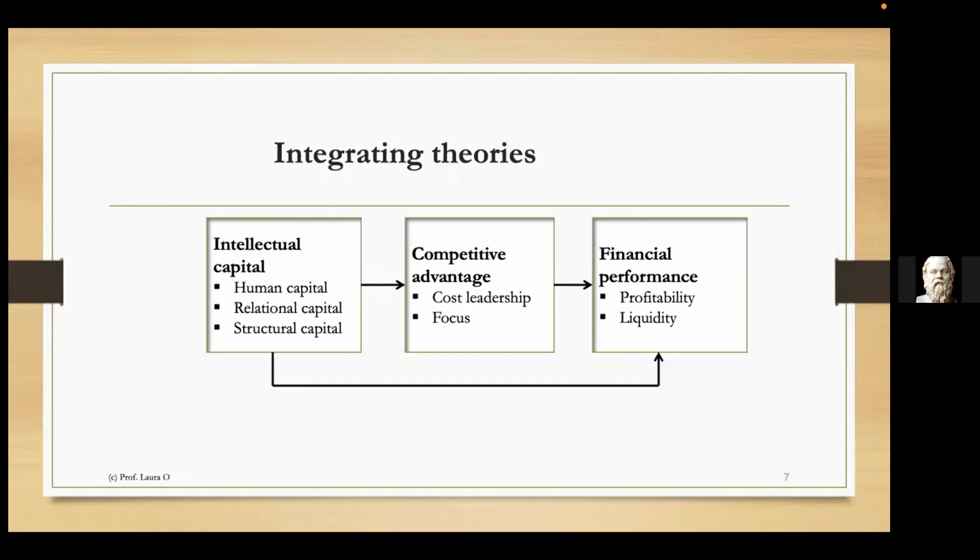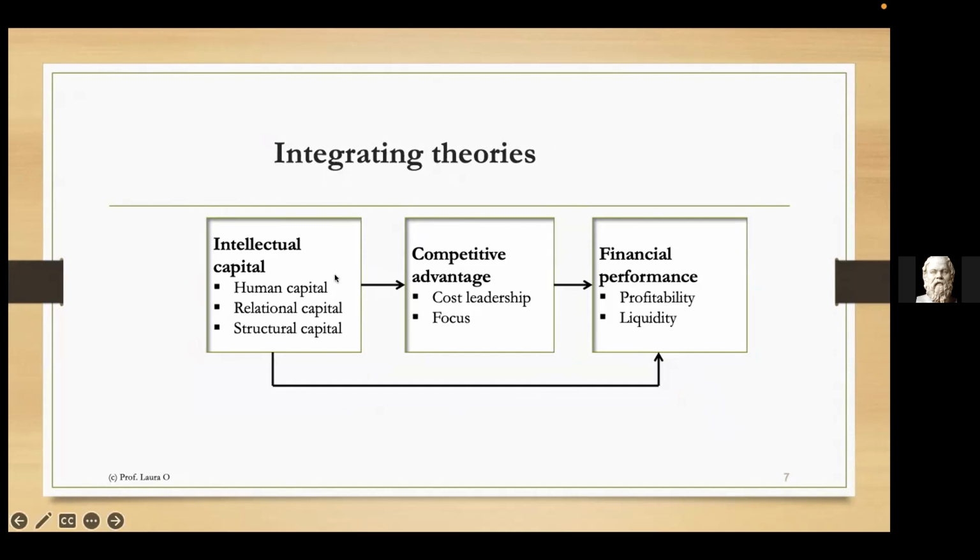Right there on your screen is an illustration of a conceptual framework that has been developed from an integration of theories. Particularly, there are two theories here, the intellectual capital theory and competitive advantage theory.